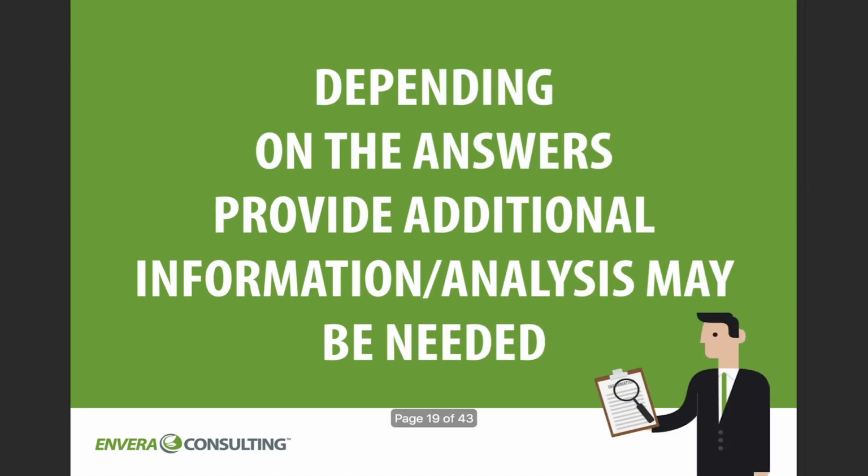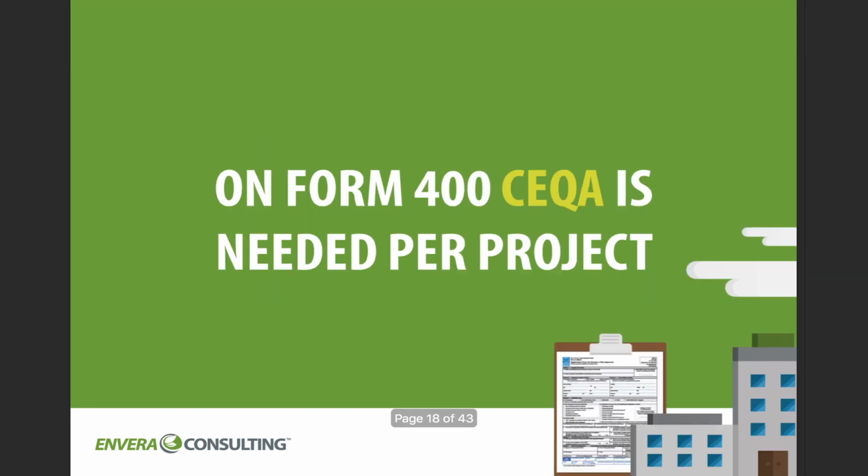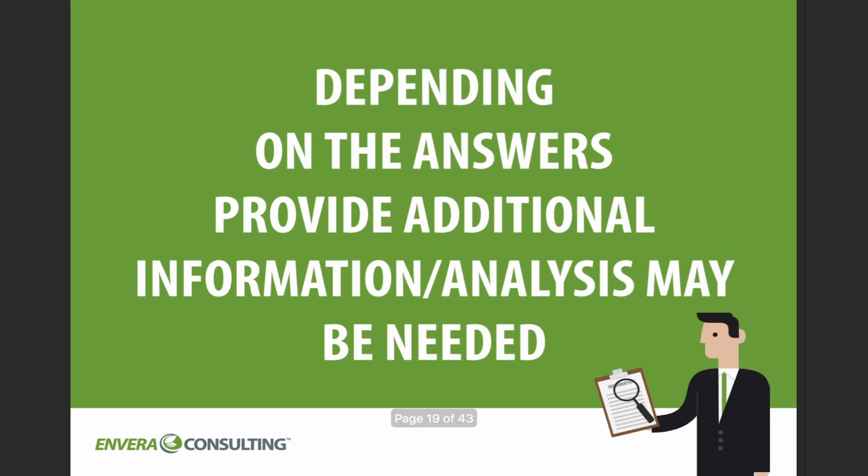Like we said earlier, if you have a group of 50 engines and you're submitting all 50 as part of one project, then you will only need one CEQA form for all of those 50 engines. Depending on how you answer the questions on this form, additional information may be needed to satisfy your requirements under CEQA.